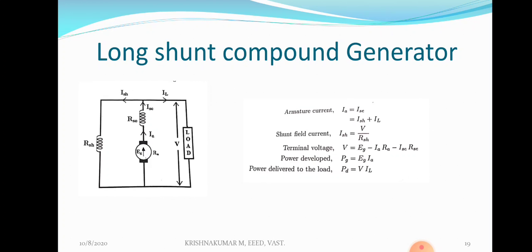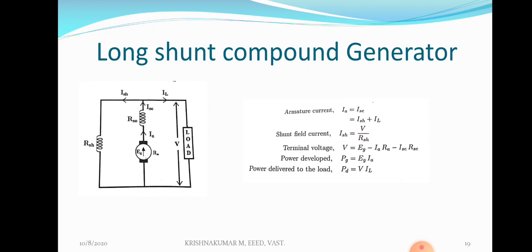After that, the current splits into two. A part of the current flows through the shunt field, denoted ISH, and the rest flows through the load, denoted IL. So IA is equal to ISC is equal to ISH plus IL.